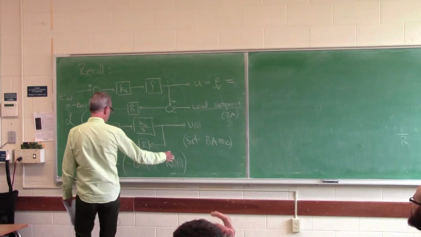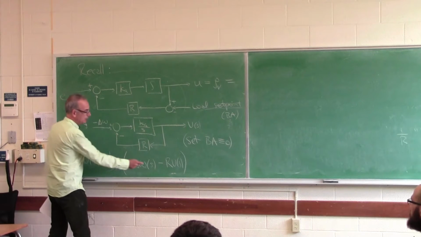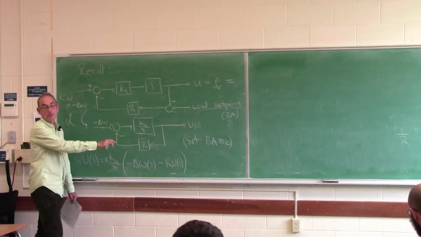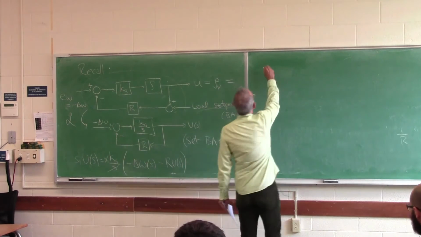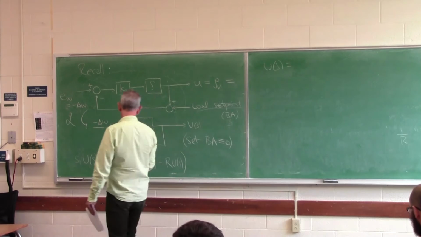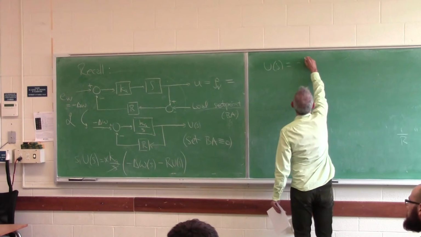Well, we can do this all in our heads, right? We're going to get a kg times R with a minus sign. I bring that to the left-hand side and divide. So U of S is equal to minus kg. It's similar to what we did before.